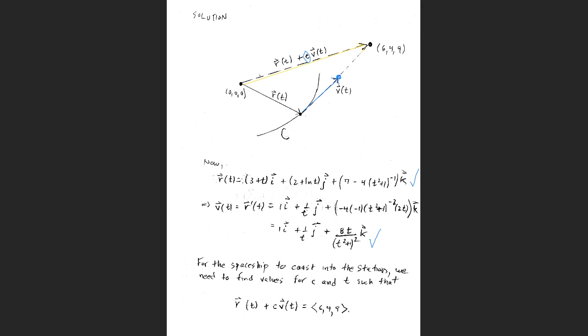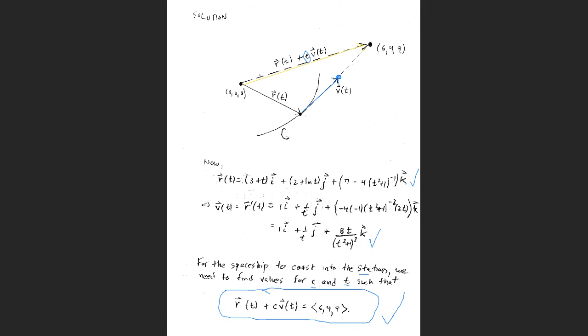Then we recognize that for the spaceship to coast into the station, we need to find values for c and t such that r of t plus c times v of t, the velocity vector, equals (6, 4, 9).